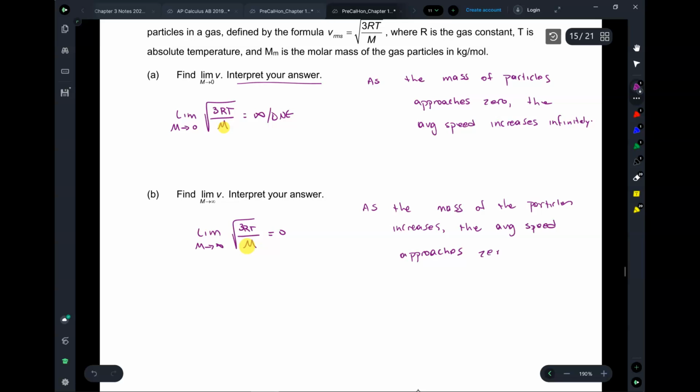Okay? And again, you can imagine as the particles get really, really heavy, they're going to slow down, right?